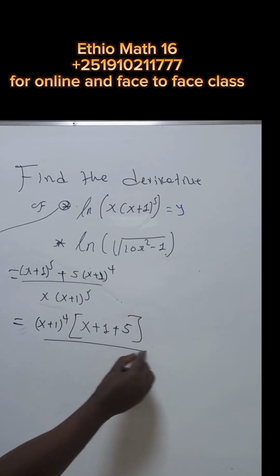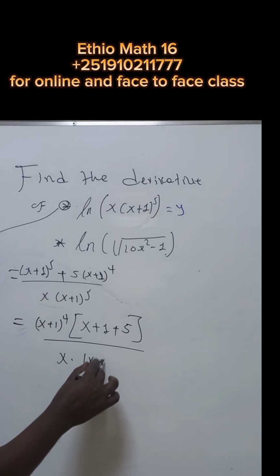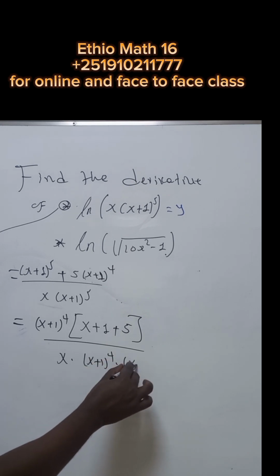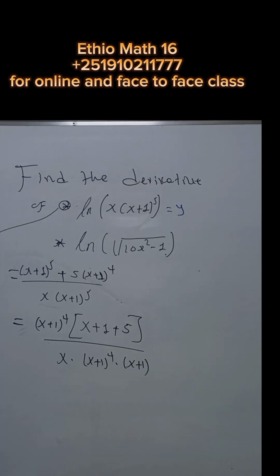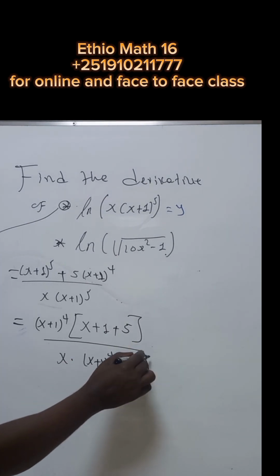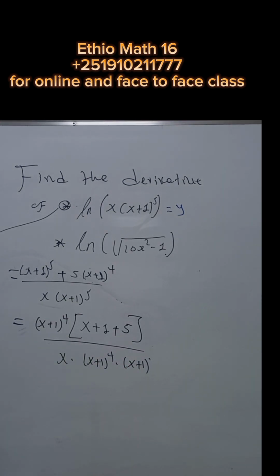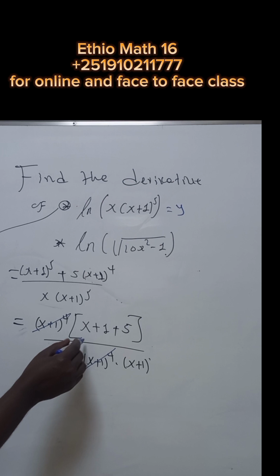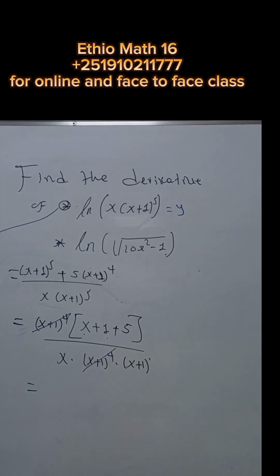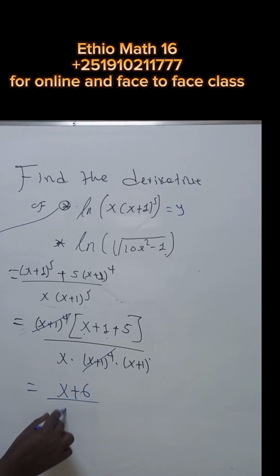And we have this over x times (x plus 1) raised to 5. We can write the denominator as x times (x plus 1) raised to 4 times (x plus 1) again, because (x plus 1) raised to 4 times (x plus 1) to the 1 is the same as this. So now this is cancelled by this one. The final result will be x plus 1 plus 5, which is exactly x plus 6, over x squared plus x.